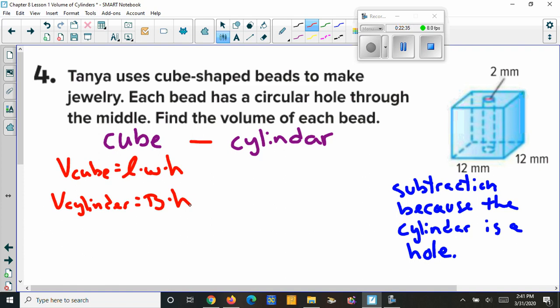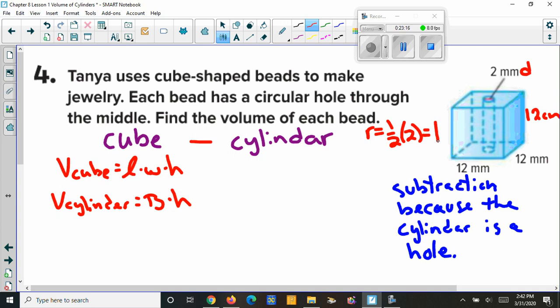This is a cube, meaning all sides are the same. So the height in this image is 12. For the cylinder, the 2 is a diameter. So remember that the radius is 1/2 the diameter. So that is 1.